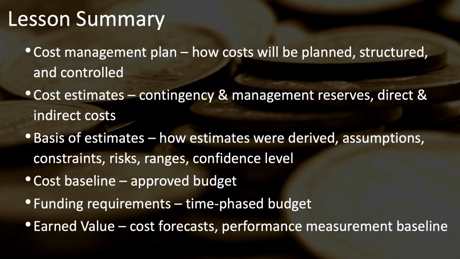The cost baseline, which is the approved costs for the budget. The concept of a time-phased budget to represent our funding requirements. And we briefly introduced earned value, which allows us to do cost forecasts as well as schedule forecasts, and which uses the performance measurement baseline.